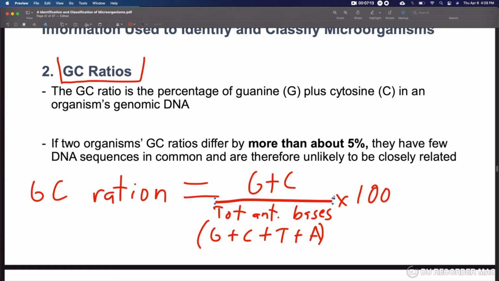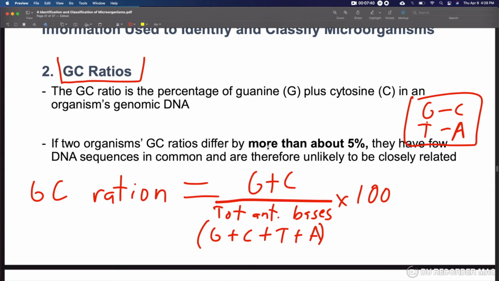I gave you at least 250 adenines. How many thymines are there? It's also 250, because G to C, T and A. Okay, don't forget this. GCTA.